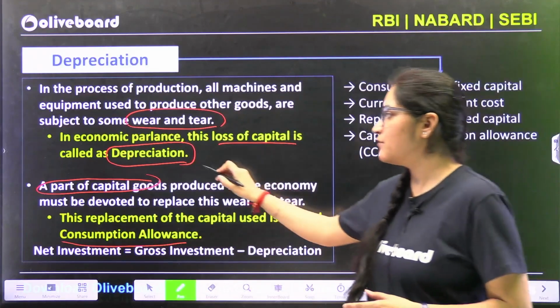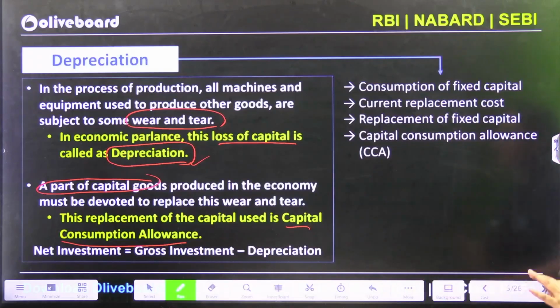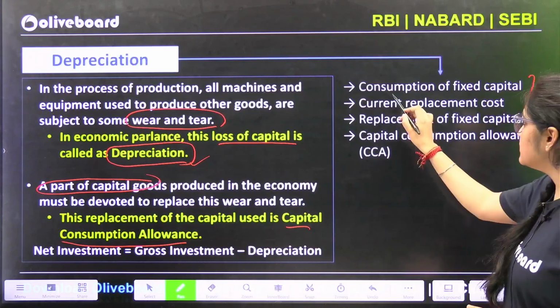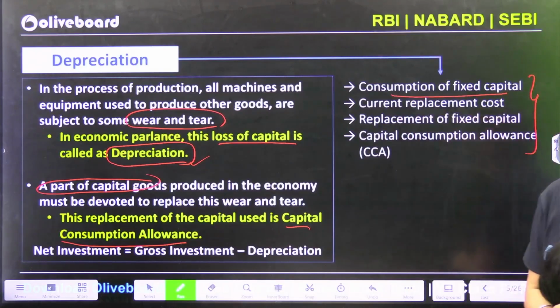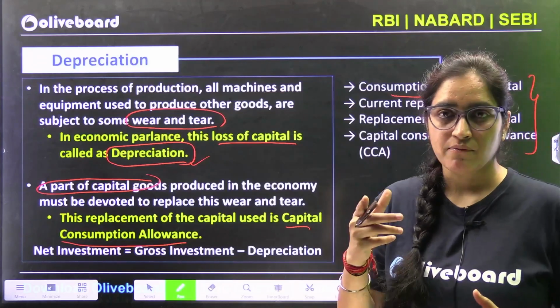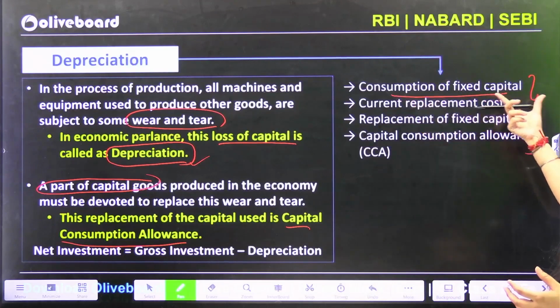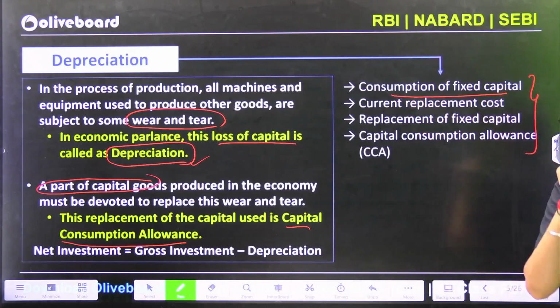Coming back to the topic of depreciation. Your depreciation is also known by certain other terms like consumption of fixed capital. You might have heard these terms many a time in the newspaper. So, whenever you come across the term consumption of fixed capital, that simply means your fixed capital might have depreciated.